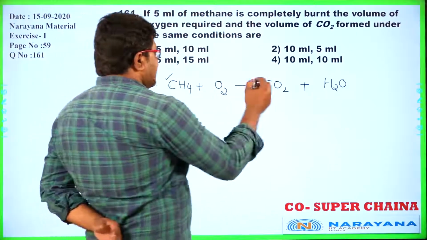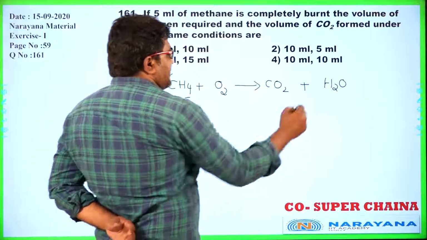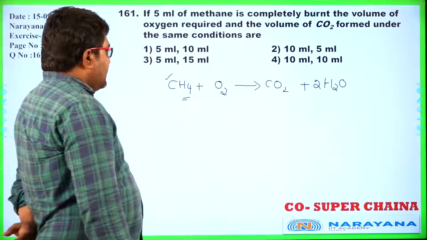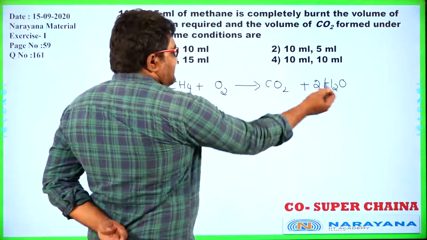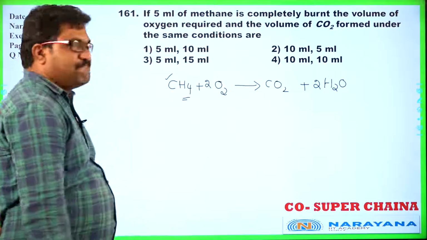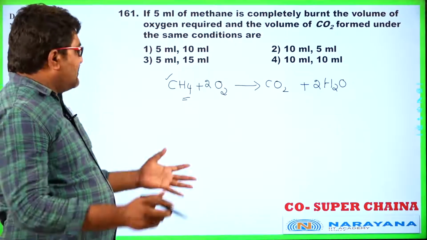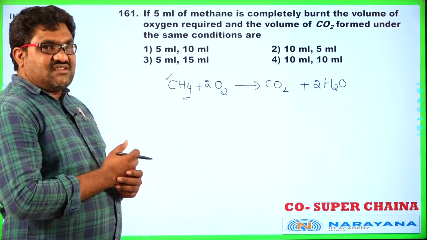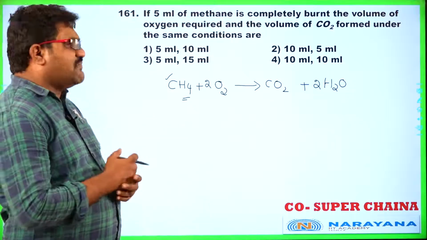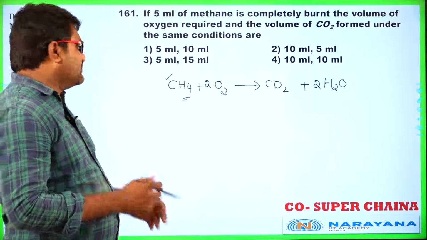Now I would like to balance this reaction. Here 4 hydrogens are there, here only 2, so I need to take 2 moles of water. Then the total oxygens on the product side are 2 plus 2, 4, so I need to take 2 moles of oxygen here. These volumes are not measured at STP conditions. Whatever it may be, the ratio of moles should be equal to the ratio of volumes.